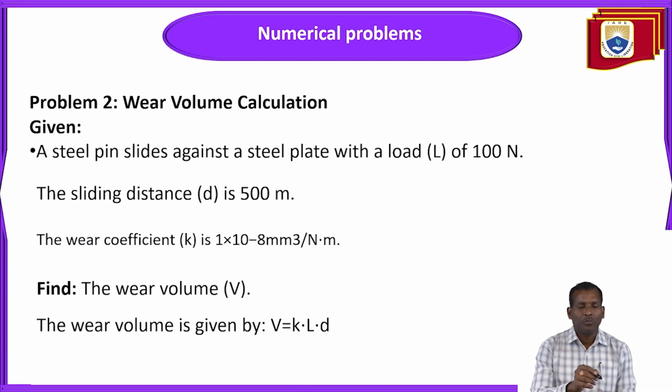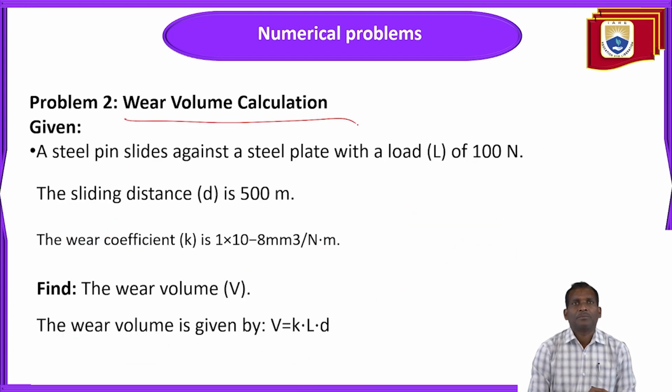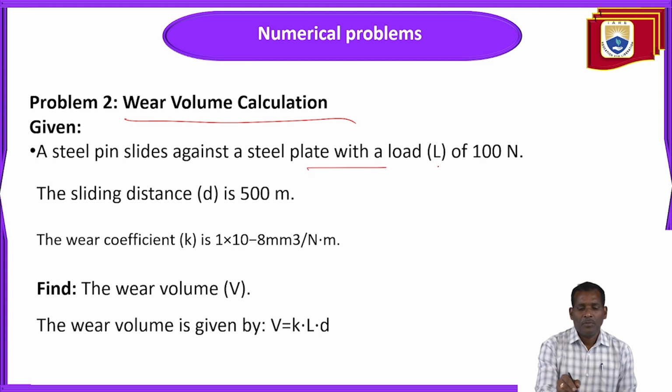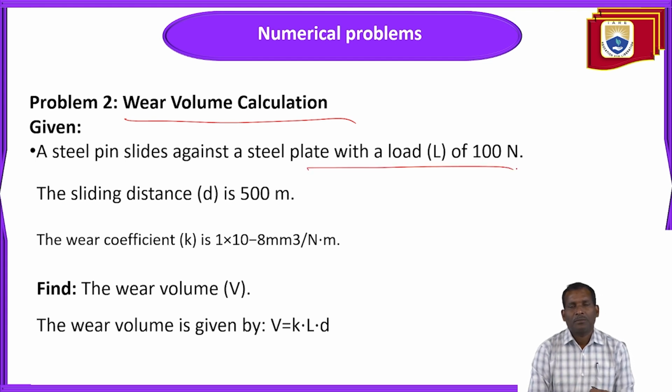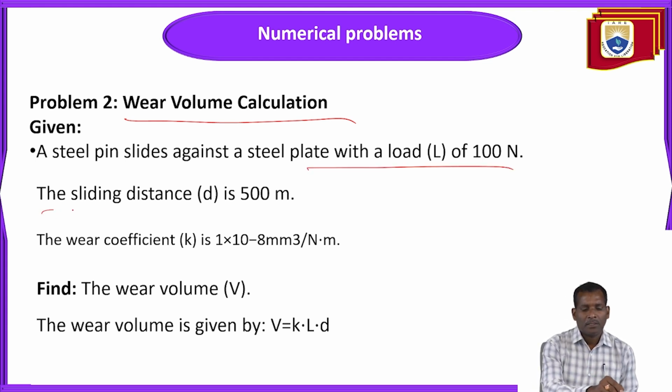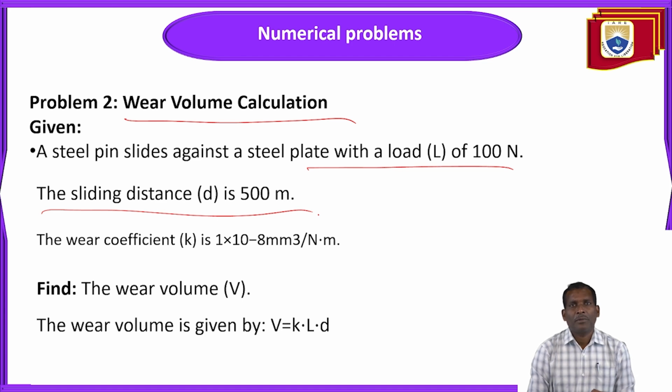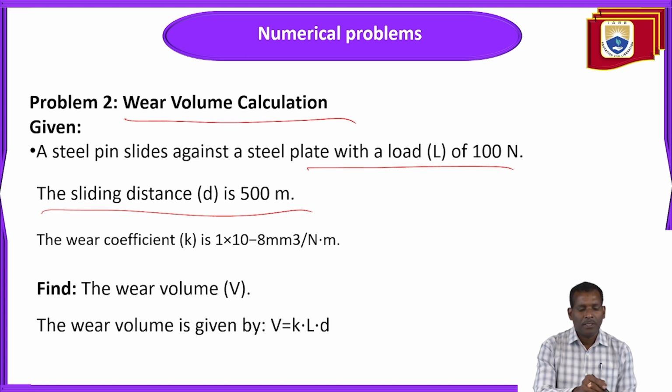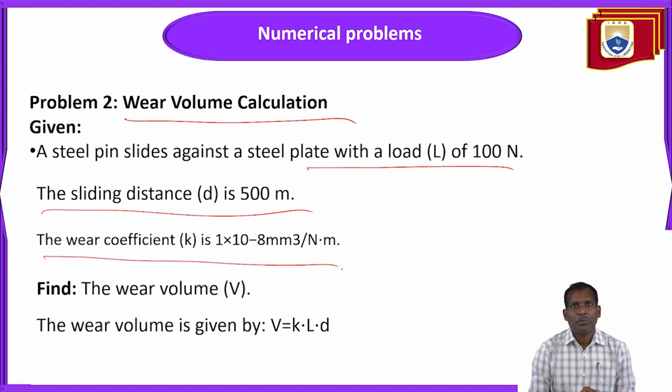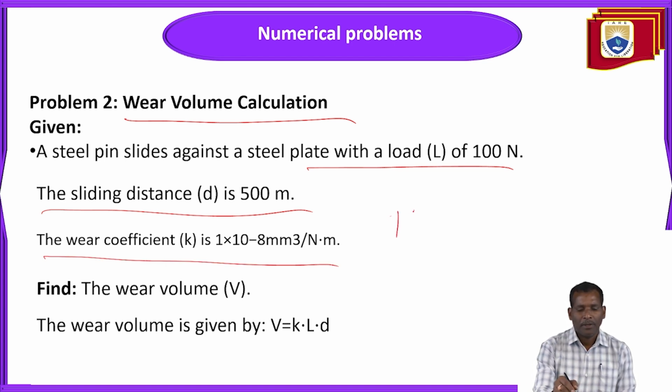Next, problem number 2, wear volume calculation. A steel pin slides against a steel plate with a load of 100 newtons and the sliding distance is 500 meters. The wear coefficient is 1 into 10 to the power minus 8 mm cube per Newton meter.